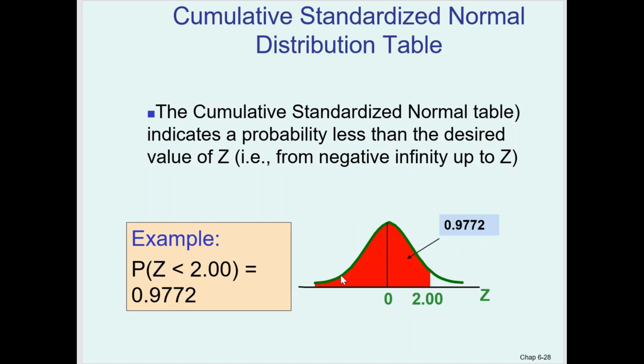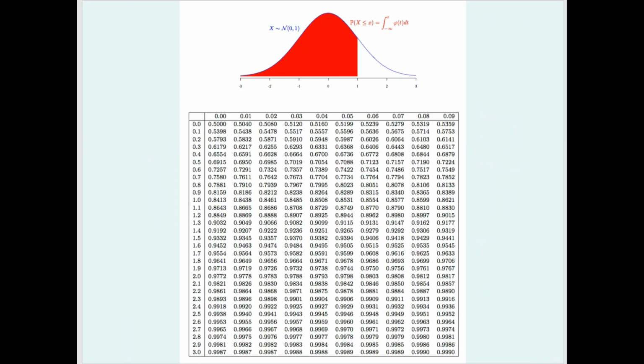If you look at this bell shape, because we're talking about normal distribution, always remember that normal distribution is always in a bell shape. So z less than 2.00. If you look at that cumulative standardized normal table, for z equals 2, you should be getting 0.9772.